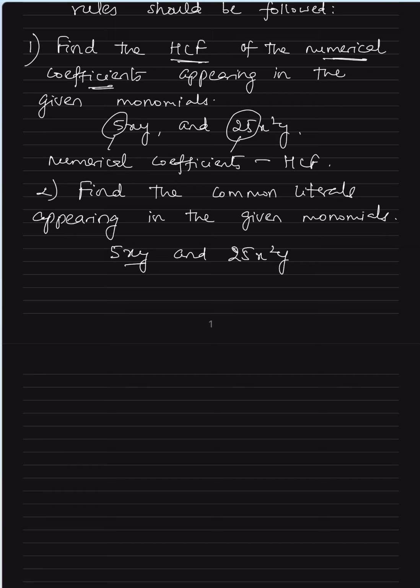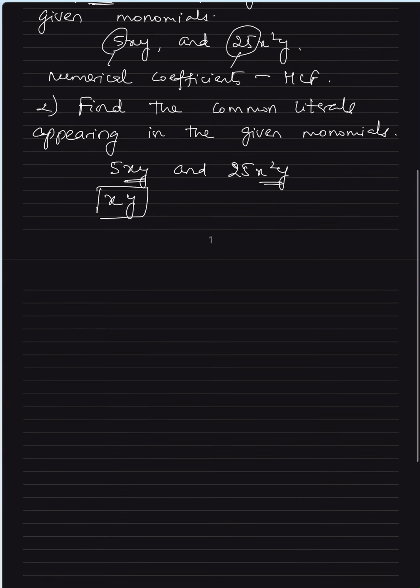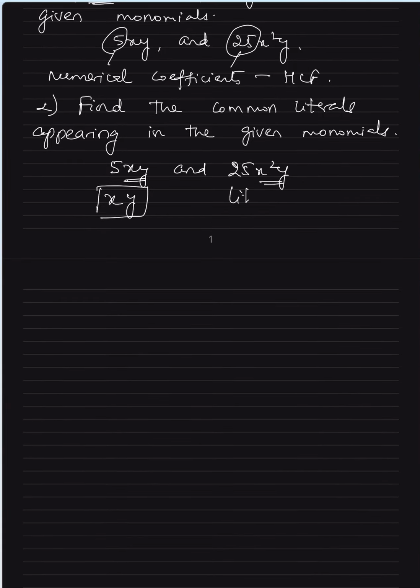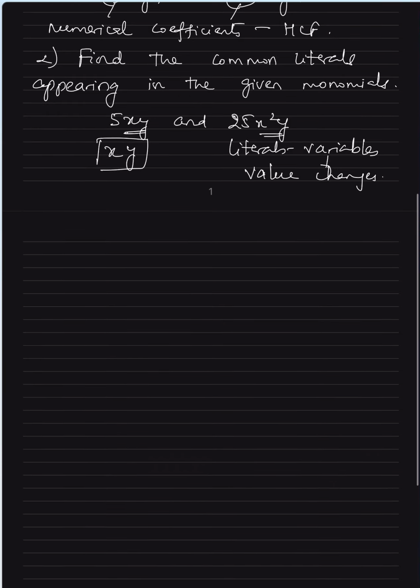Between these two, we need to find the common literals, that is the variables. Here x is there and here x square is there. From that we need to take the least power, so x and y with the power 1. So the common literals are nothing but x and y. Literals means variables whose value changes. Correct?